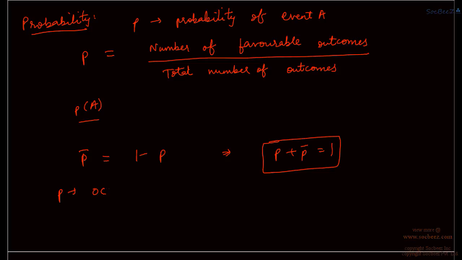So if P is the occurrence of event A, P bar is the non-occurrence of event A. Okay. So, we have a very simple formula: P plus P bar has to be equal to 1.